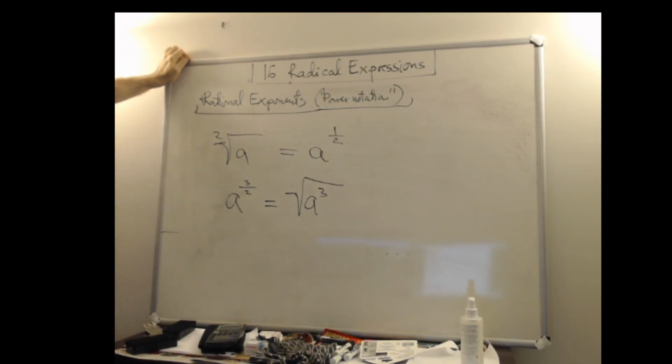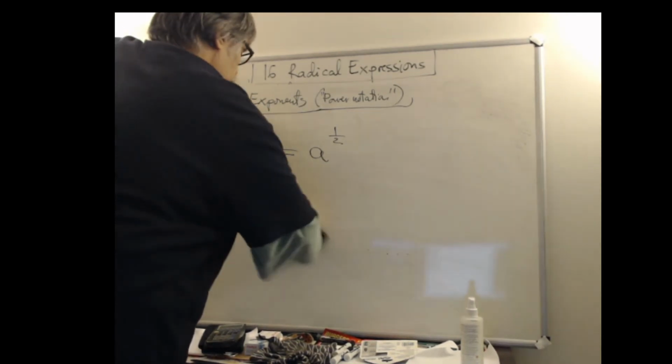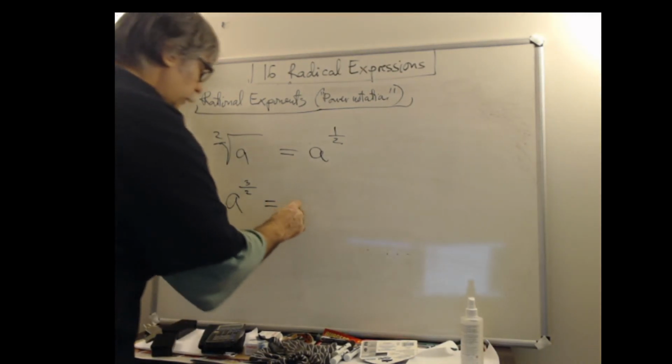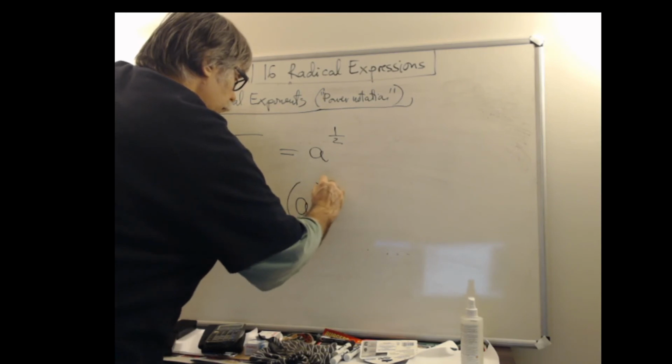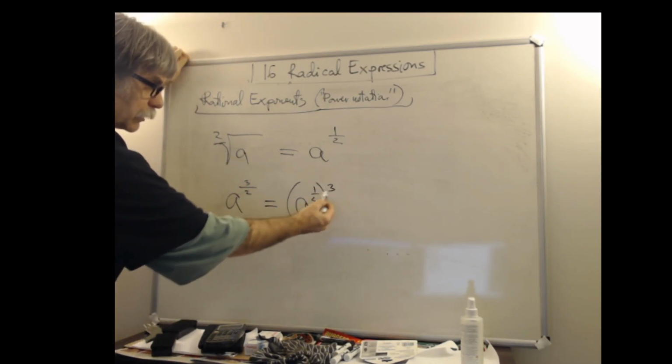So that's a convention. Very interesting, right? You can read it in a couple of different ways. You can read it like this. This is a with a power of 1/2, and then cube. And you multiply this, you get 3/2.